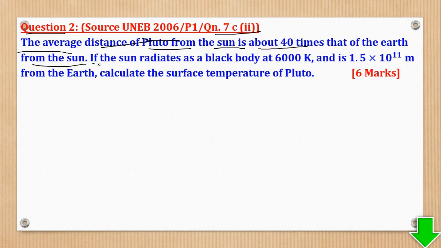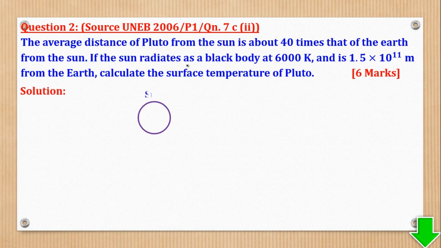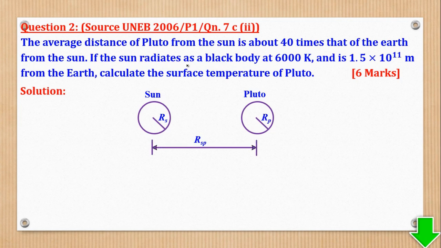If the Sun radiates as a black body at 6000 Kelvin and is 1.5 times 10 to the power 11 meters from the Earth, calculate the surface temperature of Pluto. So we shall illustrate also. That is the Sun, that is the planet Pluto, then the distance between them.